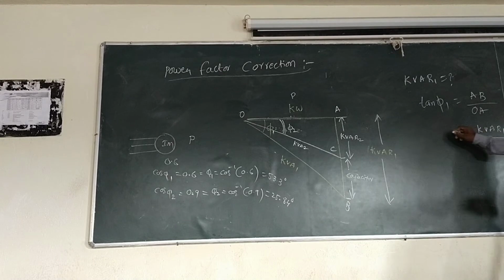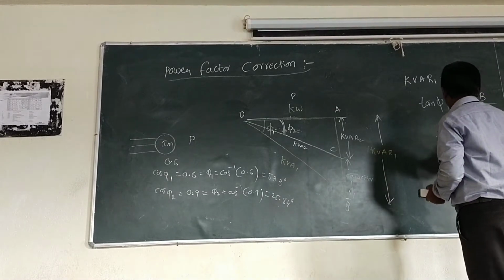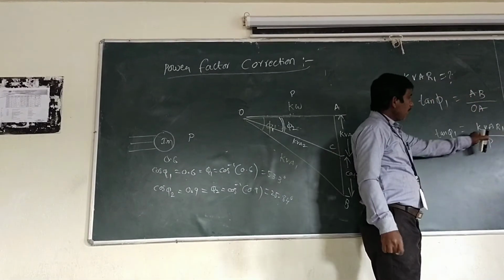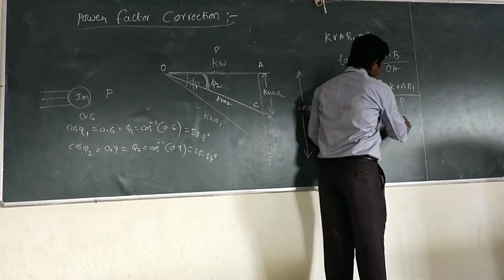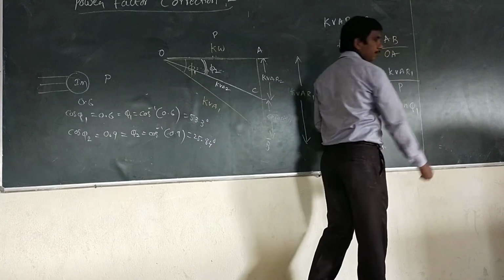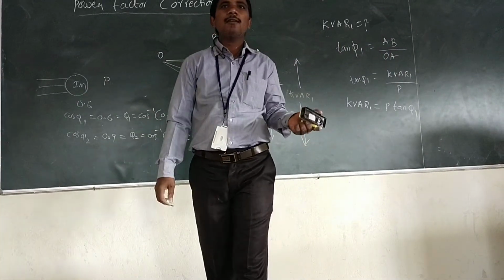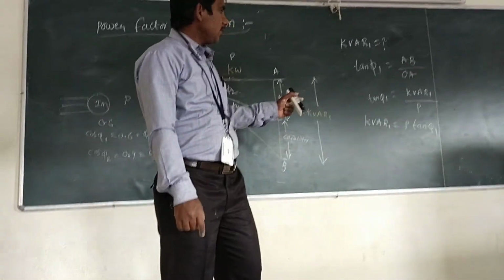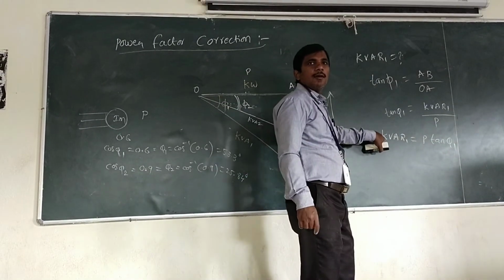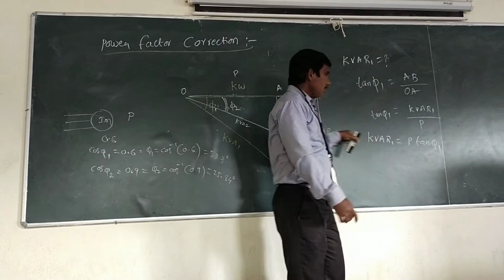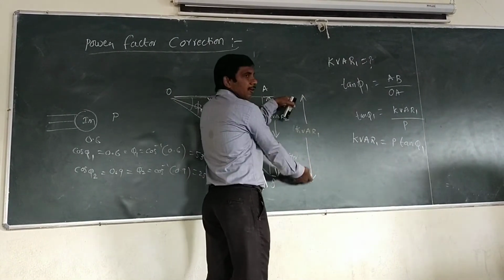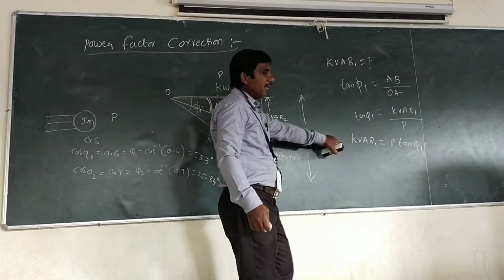So kVR1 equals P into tan phi 1. Power into tan phi 1 is known as kVR1. This we obtained initially from the power factor.